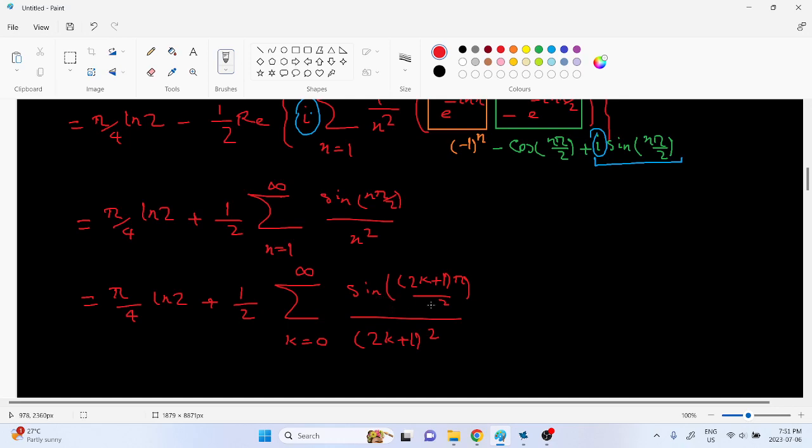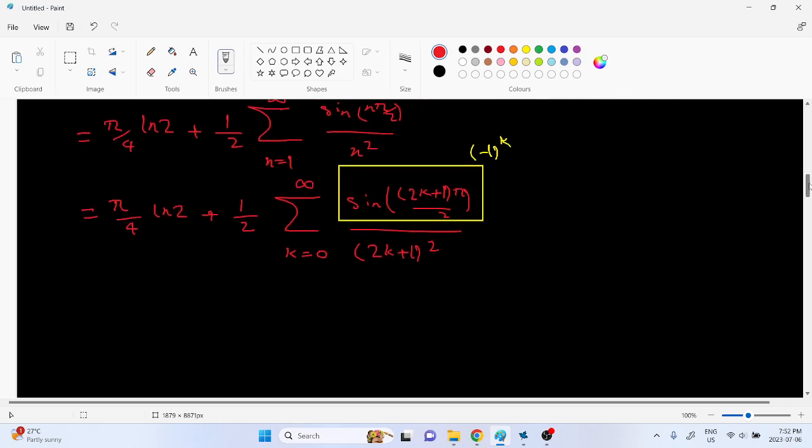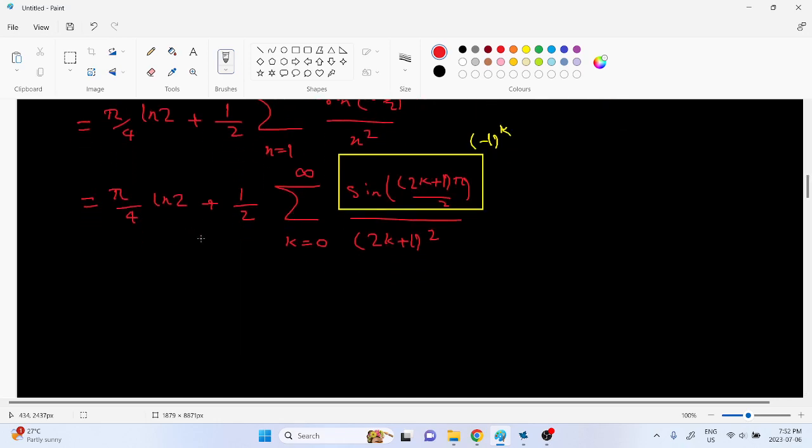And sine of (2k plus 1) pi by 2 is negative 1 to the k. And you must have noticed already that this nice looking series is nothing but Catalan's constant. So this is pi by 4 times the natural log of 2 plus Catalan divided by 2.